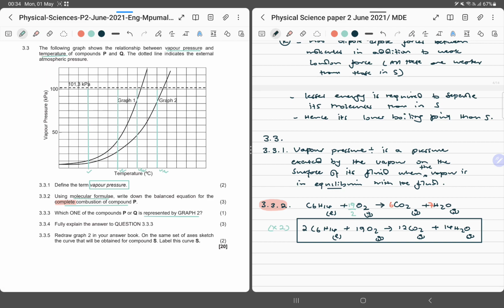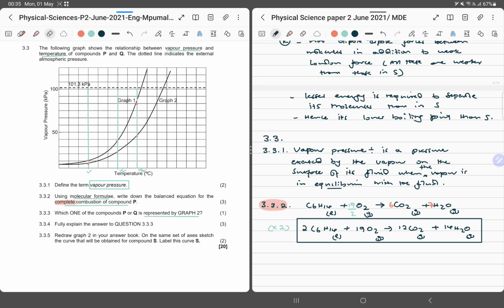All right, so what do we notice, guys? We notice that for the same temperature, this one has a higher vapor pressure than the other. Of course, this one is highest than the other, so maybe we can leave this last panel here.